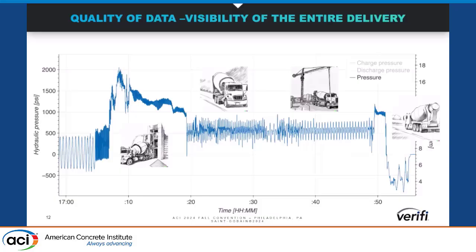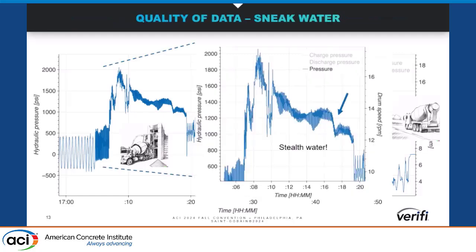One of the interesting things, and Tarek brought this up, is that based on this pressure signal and the billions of data points that we have, we can now start to understand when what we call stealth water is added. That red hose, that calibrated red hose that the driver's adding, we can actually tell when that's happening, first of all.